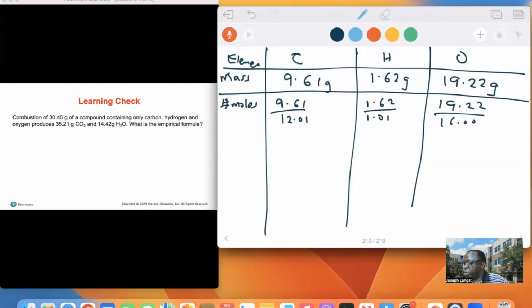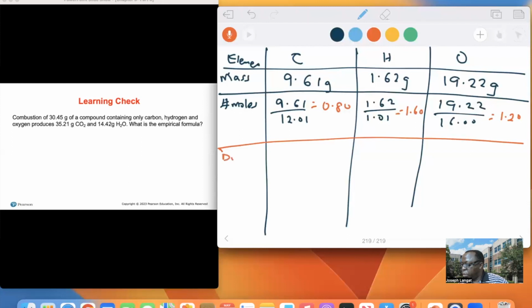This is equal to 0.80. This is 1.60. This is 1.2.